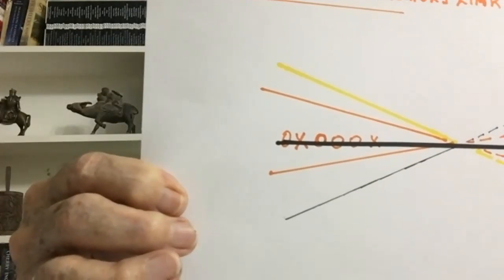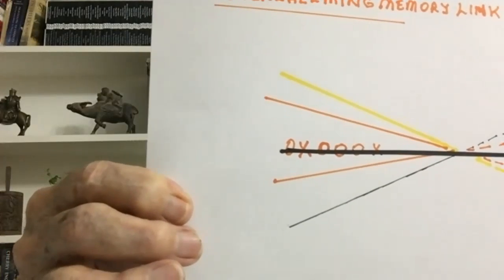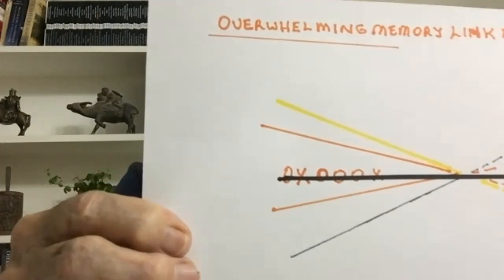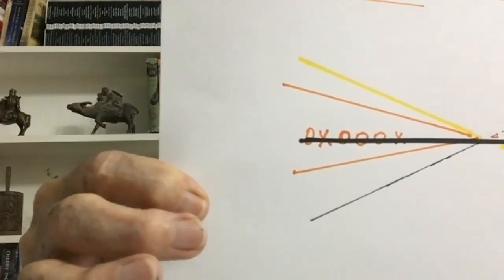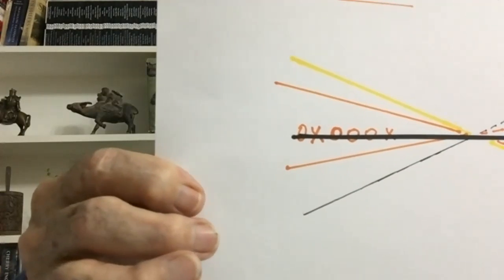So just to go over that a moment, hi Cease. Hi. What I'm talking about today is what we call overwhelming referral moments. In our current language, overwhelming memory link moments.